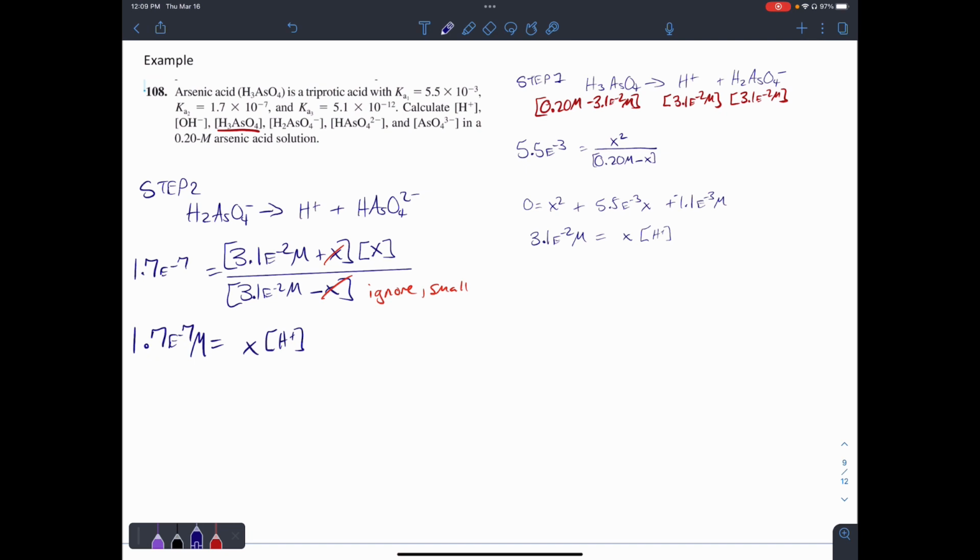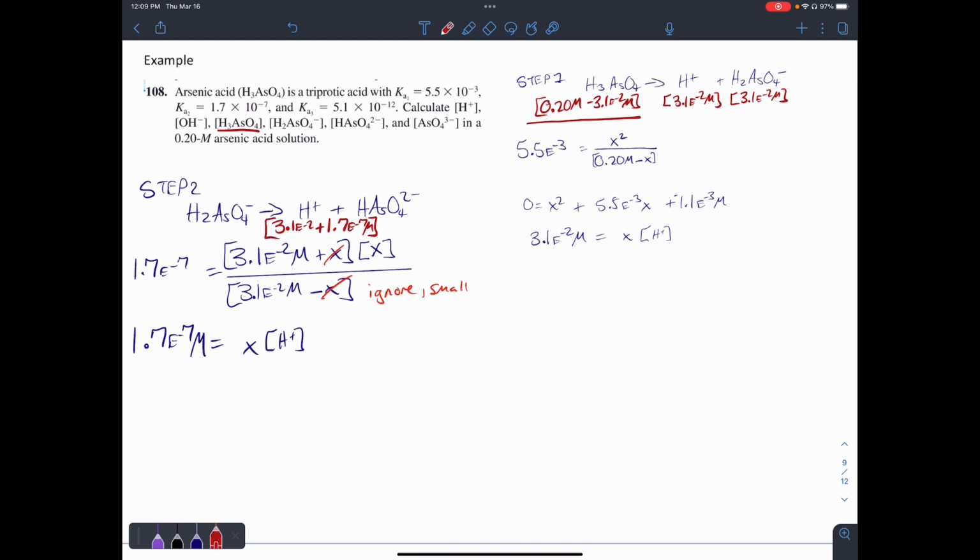So I need to put molarity, right? And I can go back up and write down all of the numbers that I have so far. So the original amount of acid, that is not changing, but the hydrogen has changed. Check this out. It is the 3.1 from before and the 1.7 from current.